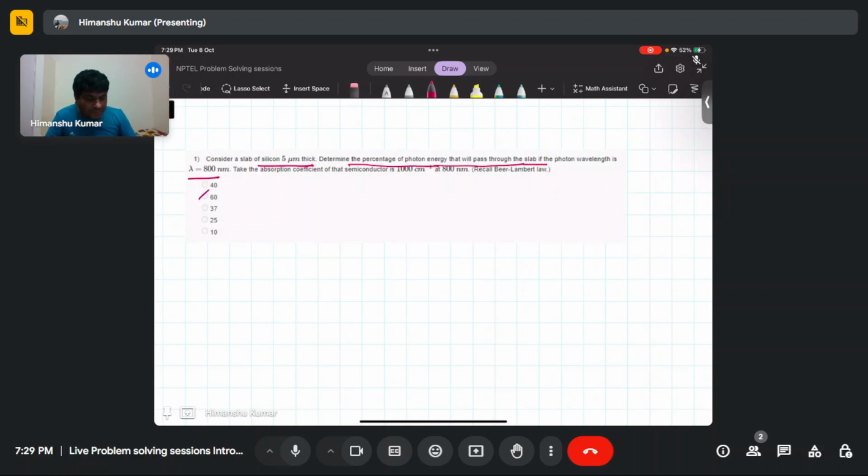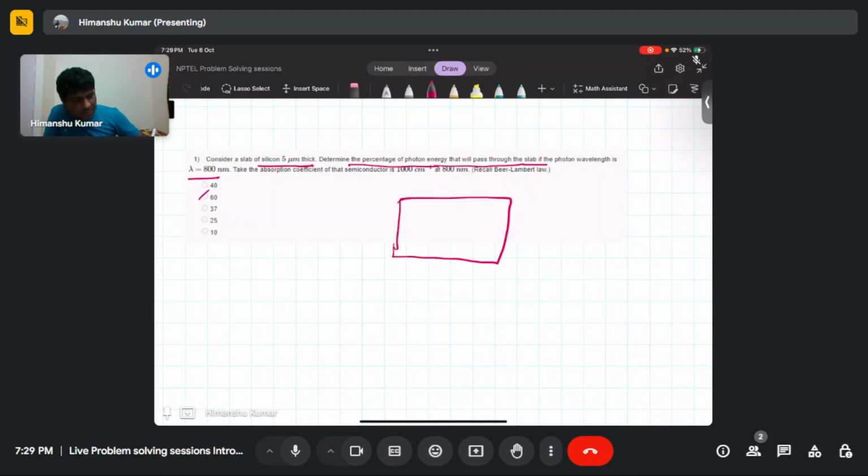Take the absorption coefficient of the semiconductor at 800 nanometers.